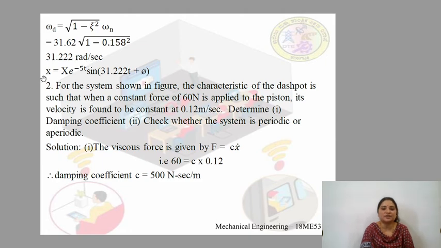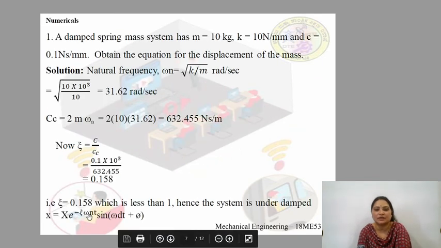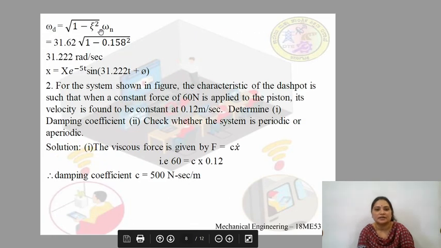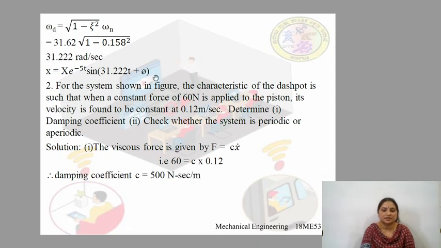And the equation of displacement will be x equals X into e to the power of minus zeta omega n t sine of 31.222 t plus phi. In the above equation, we substitute the values of zeta and omega d, so that we get the equation for the displacement like this. This is about the solution of the first problem.